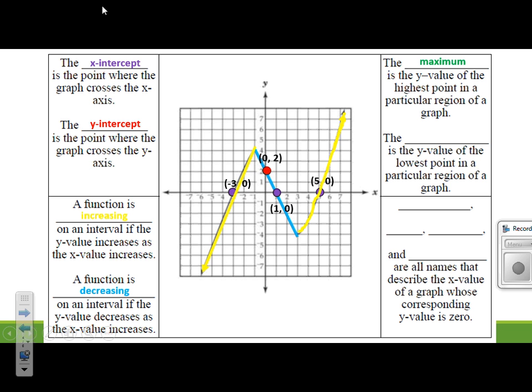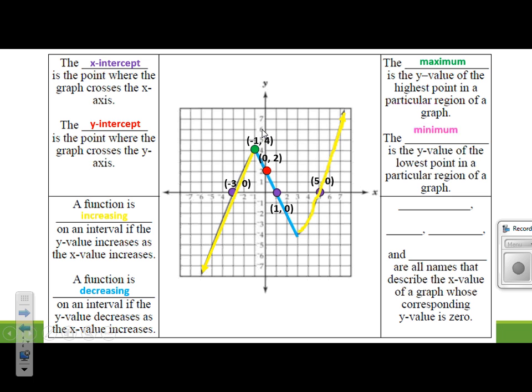Relative means it could be the highest point, but it's not necessarily the highest point, because the highest point is probably over here somewhere, because this is going to continue on to infinity. So a relative max is this point right there in green, that it's kind of a high point for that area, but it might not be the highest point for the whole graph. All right, and that's -1, 4.